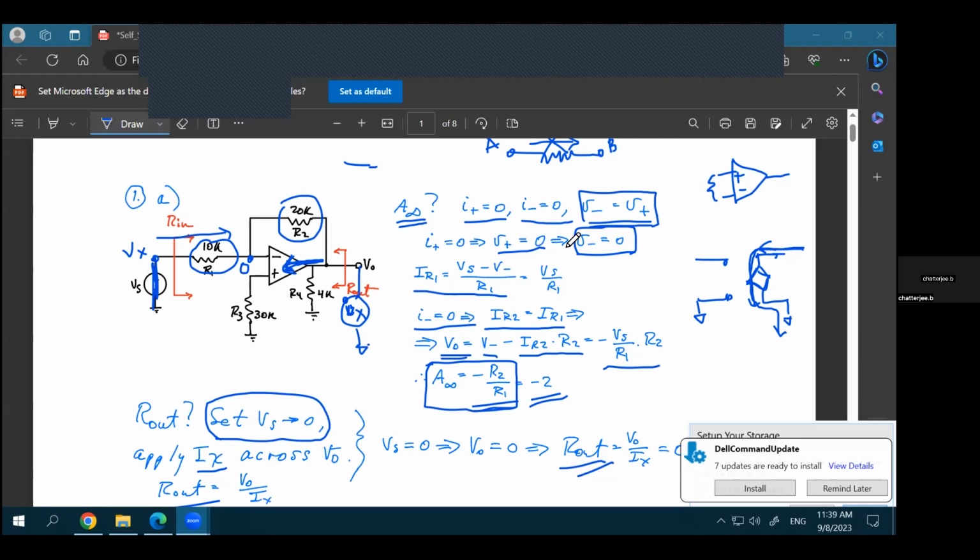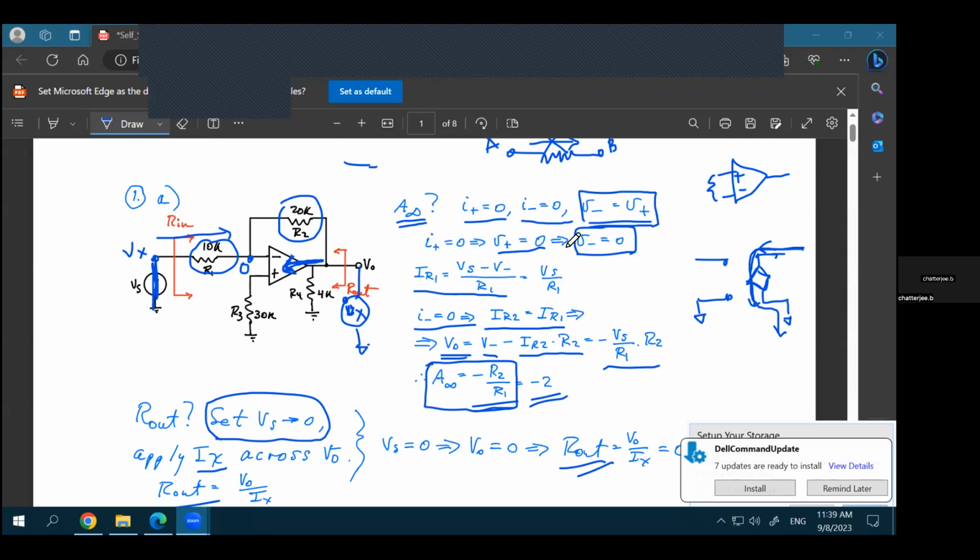So we get into this side. We are not shorting everything, because that's the process. That's the approach that you can take, that you short all the independent sources. But when looking into the source, if the source is ideal, we'll see a zero resistance. If it is non-ideal, we'll see a relation of RO within the output resistance.